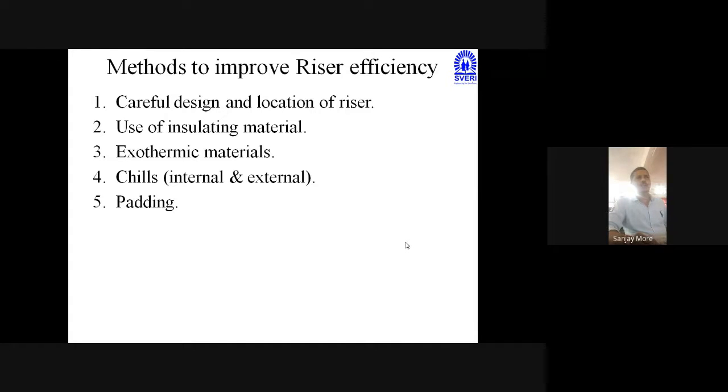So careful design and location of riser, use of insulating material, exothermic materials, chills, internal and external, which are used to let the fumes escape from the liquid molten metal, then padding. Okay. These five methods are used to improve the riser efficiency. Okay.